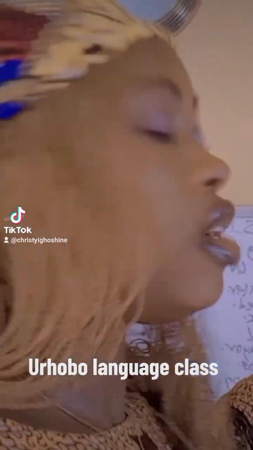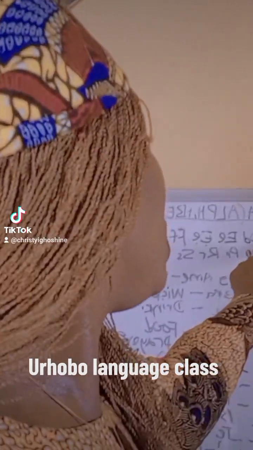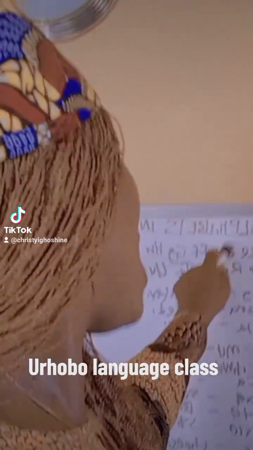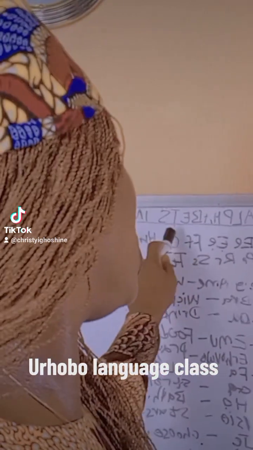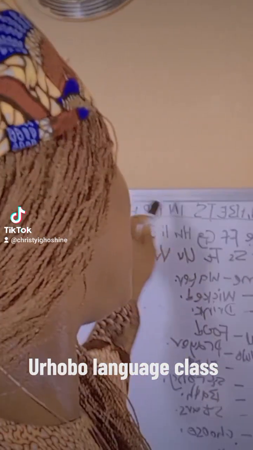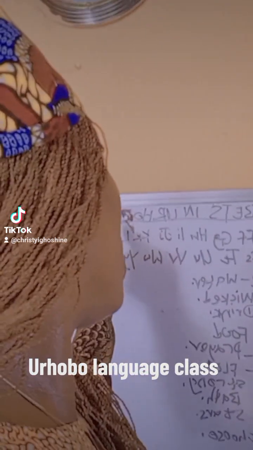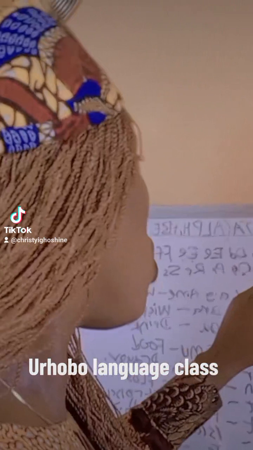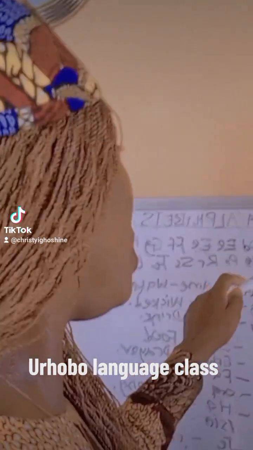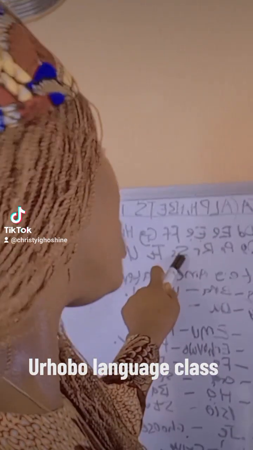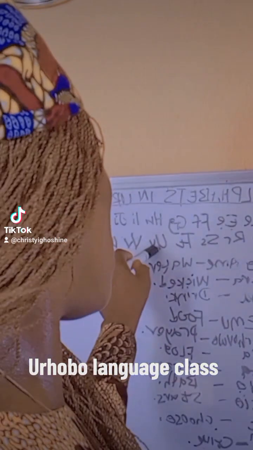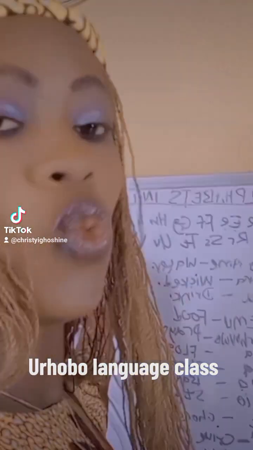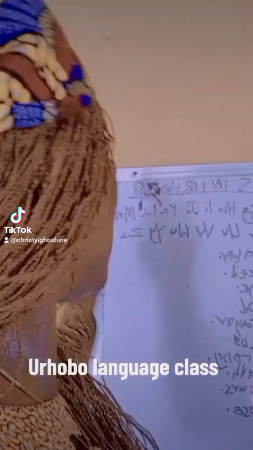The 25 alphabets in Urhobo language are A, B, D, E without dot, E with dot, F, G, G, H, L, J, K, L, M, N, O without dot, O with dot, P, R, S, T, U, V, W, Y, then Z.